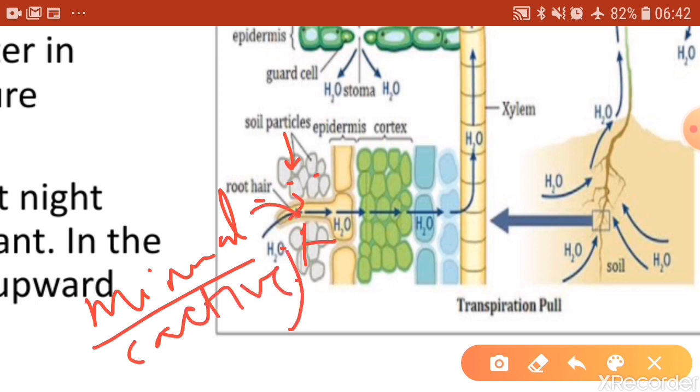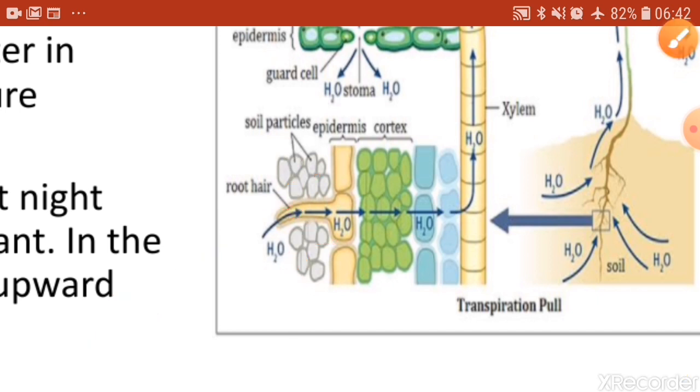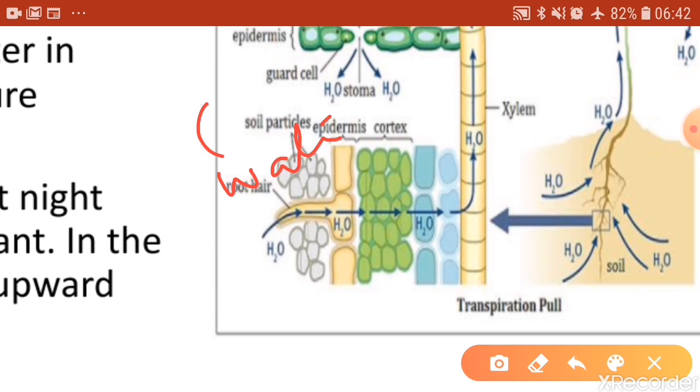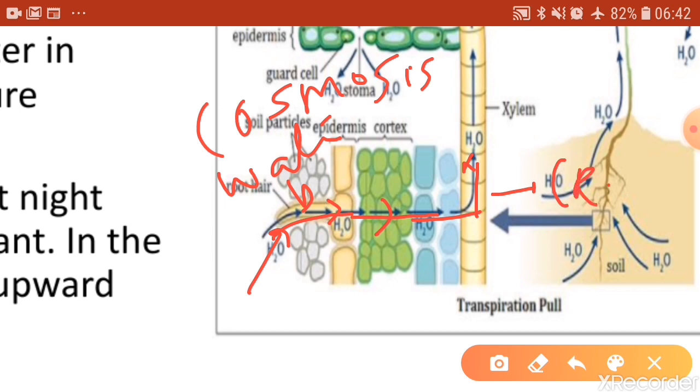This active uptake of minerals causes water which is present in the soil to be absorbed by osmosis, okay, by the root hairs. So minerals and water are absorbed. Then these minerals and water will cross the interior cells of the roots, and finally reach the xylem vessel, which is present in the root region.